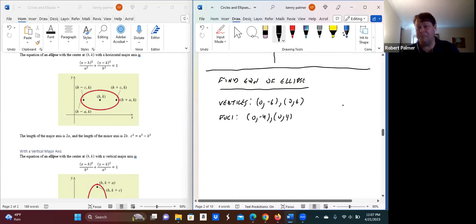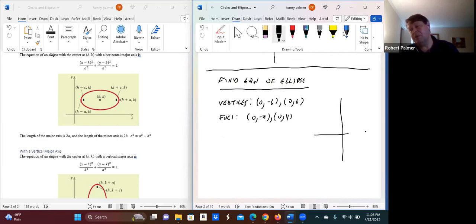We have (0, 6), (0, -6), and then our foci are (0, -4) and (0, 4).